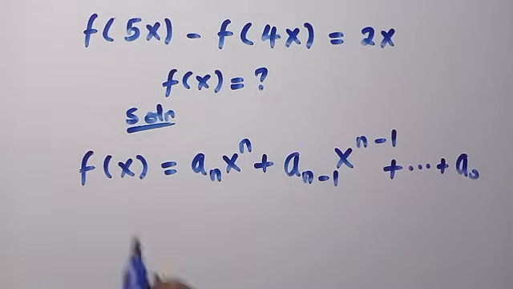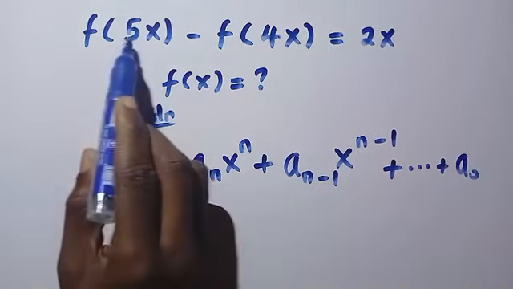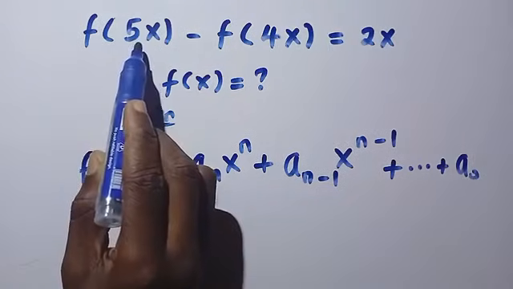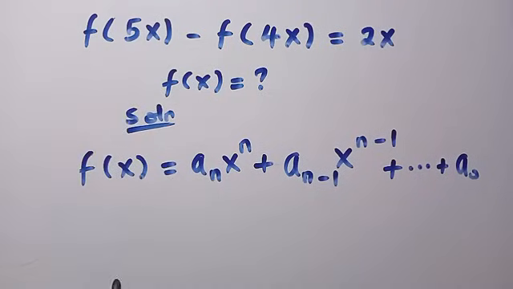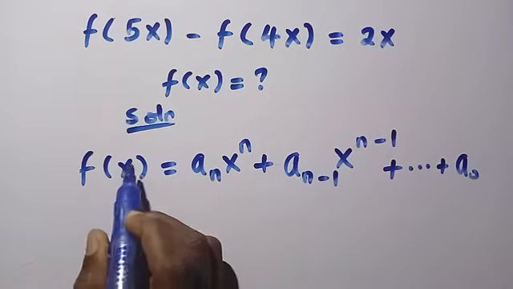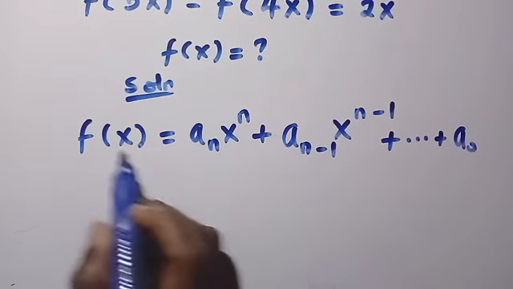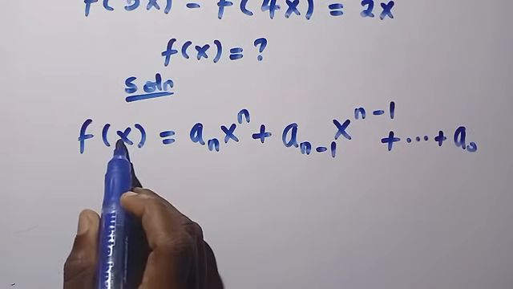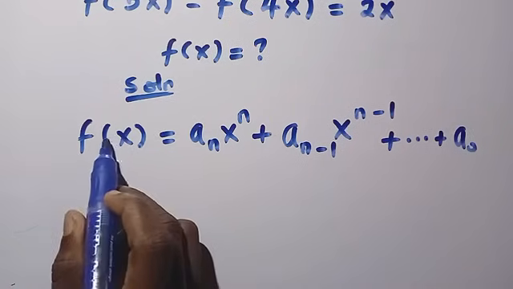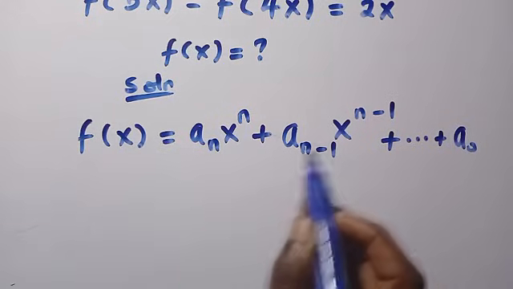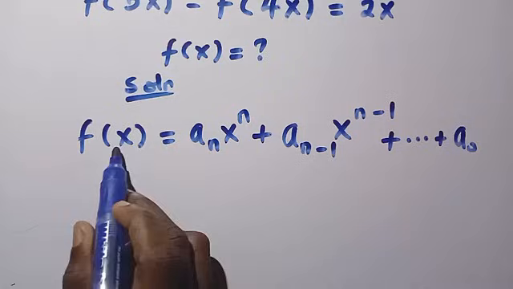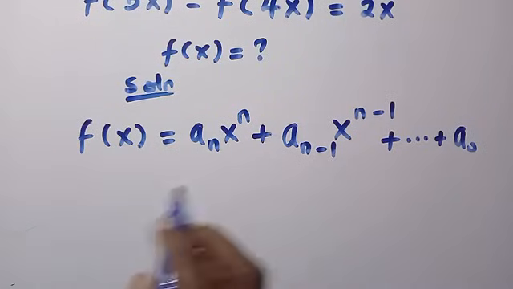And the first function here is f of 5x. The domain of this is 5x. If I change this x to 5x, anywhere we have x here, it will be reflected here. Since we have x in this domain, that's how we're having x here. If this x changes to another thing, this will also change.